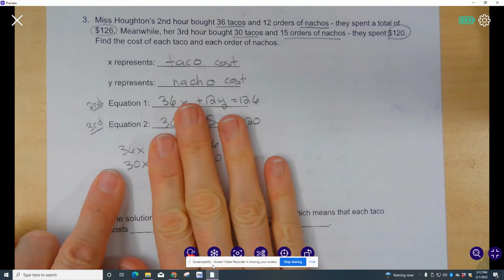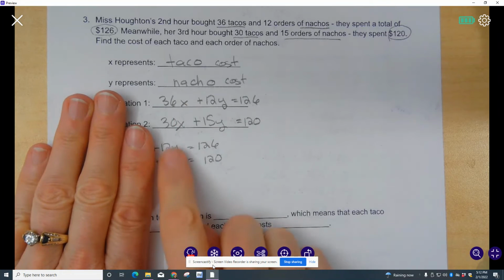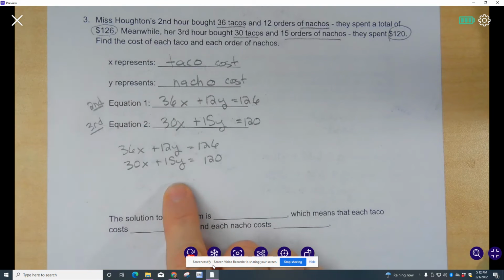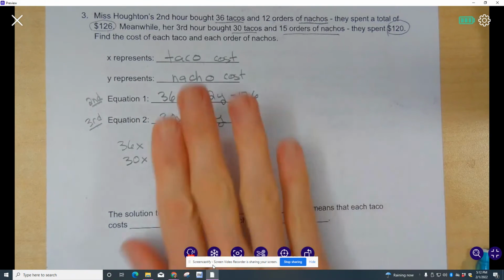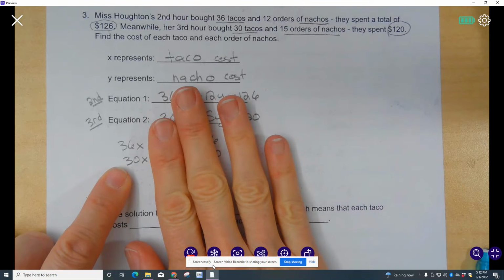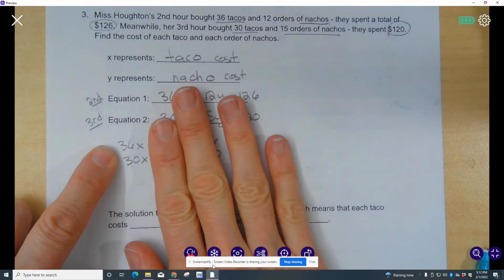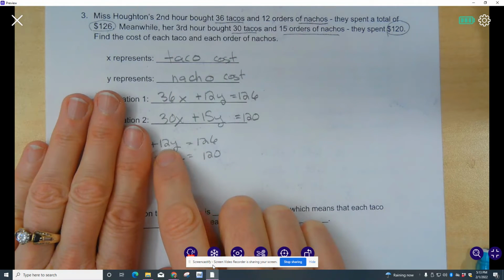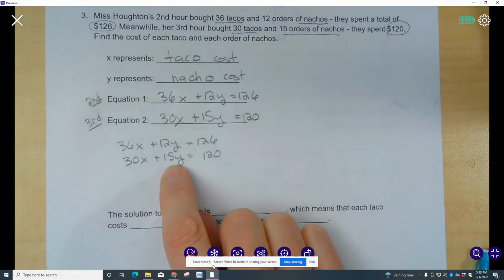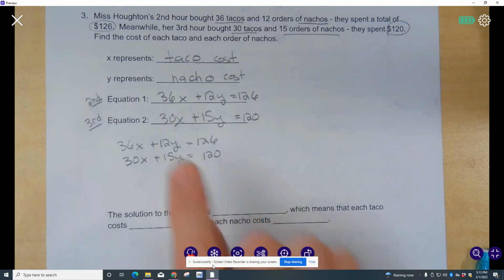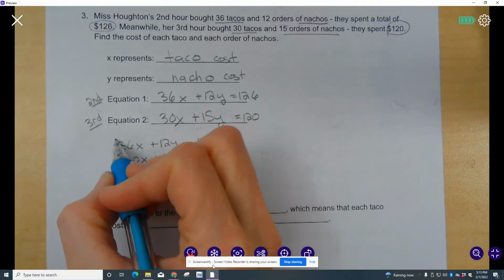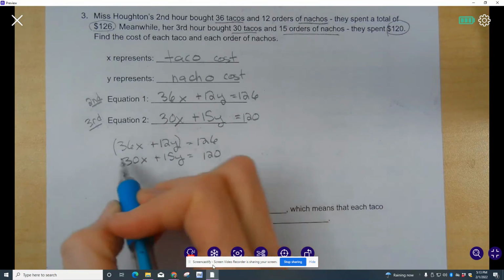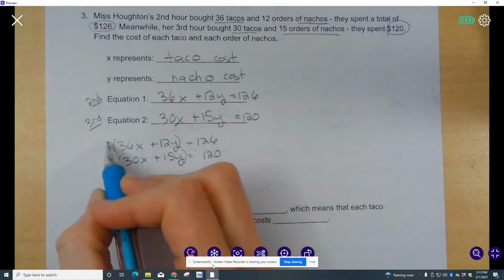I don't have opposites on my X's. I don't have opposites on my Y's, and I can't easily make opposites. I can't multiply 30 by anything that will get me 36. Over here, 12 is smaller. Can I multiply 12 by something that will get me 15? No. So this is one of those red light problems where I'm going to do that switcheroo.